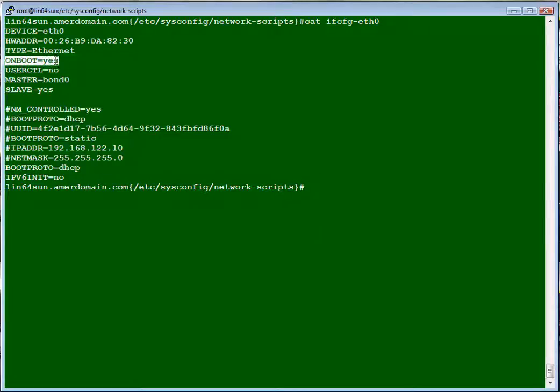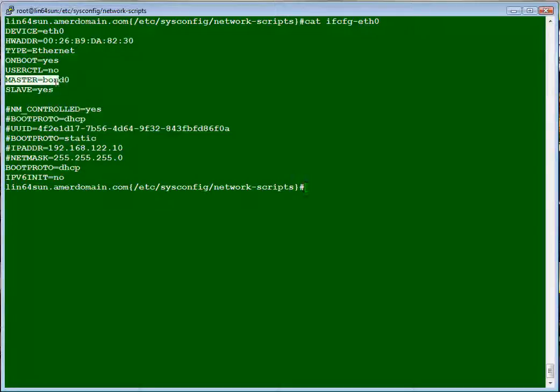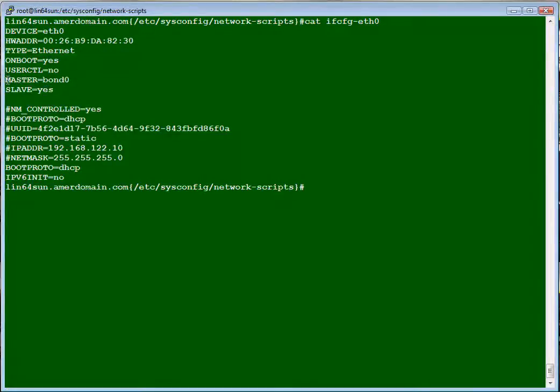Here ONBOOT equals yes is always there, but these are not controlled by the user. These two are the important entries: MASTER is bond0, SLAVE equals yes. These entries you have to put in the physical configuration file.